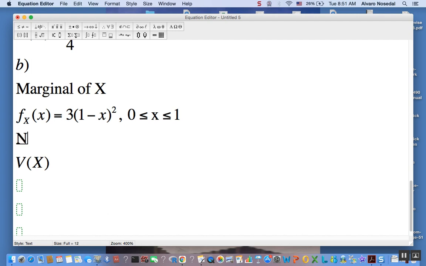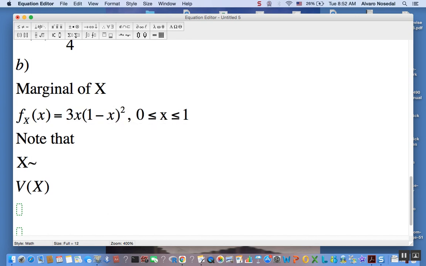So what I want you to note is this: x has what kind of distribution? We could rewrite this: the 1 is just x to the 0 power, which is the same as x to the 1 minus 1. x squared is 3 minus 1, right?